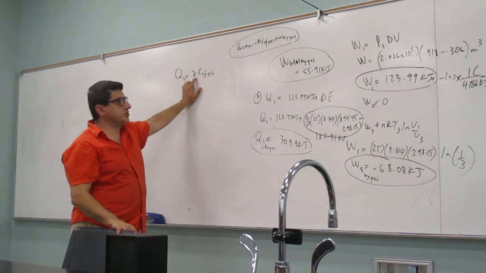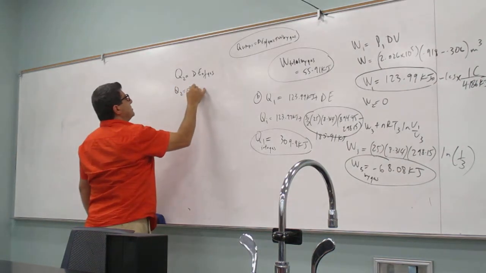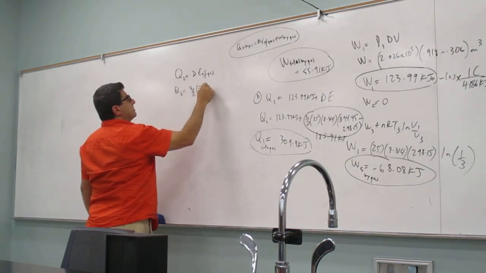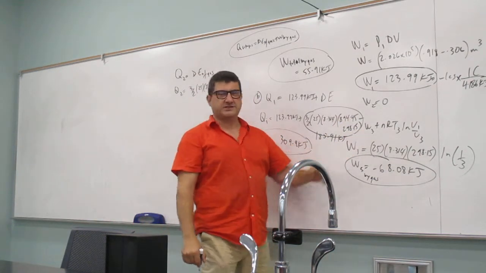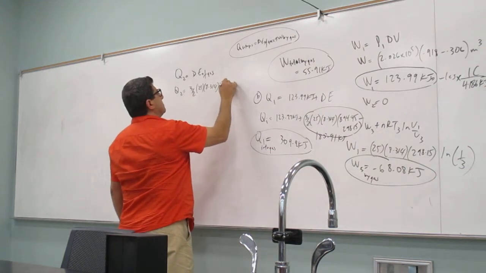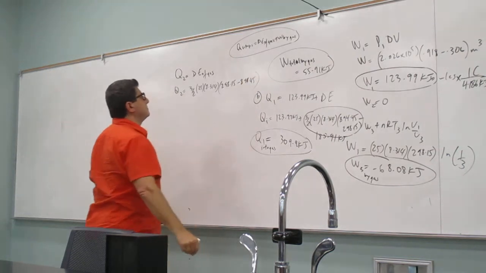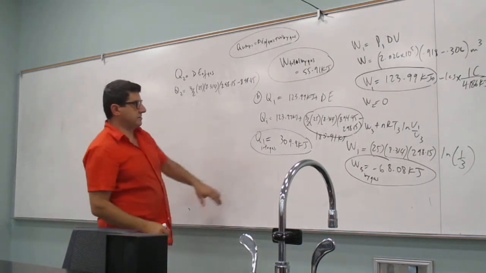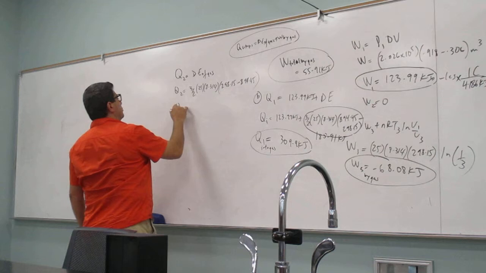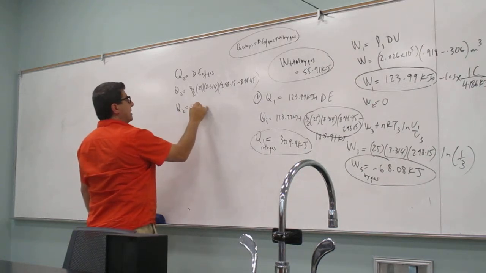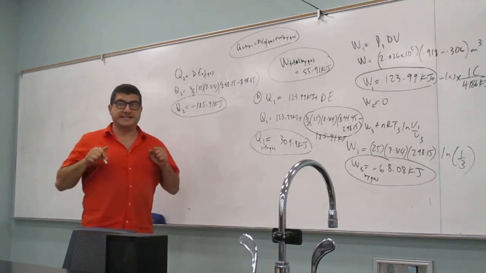And delta E of gas is just going to be 3/2 nR times delta T, but then you're going back to its original temperature. So 298.15 minus 894.45. So it's actually just this part, but it's negative, right? So that means Q2 is going to be negative 185.91 kilojoules.